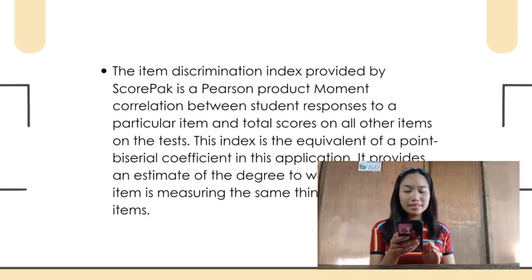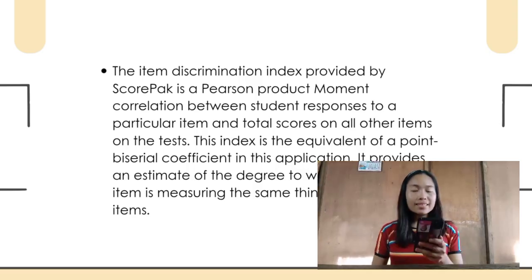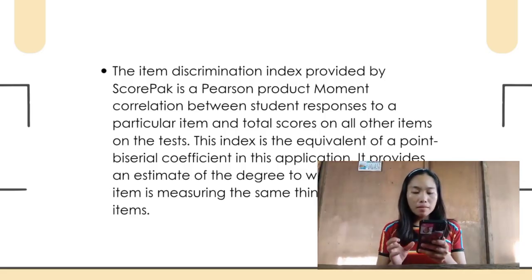So the item discrimination index provided by the ScorePak is a Pearson product-moment correlation between students' responses to a particular item and total scores on all items on the test. This index is the equivalent of a point biserial coefficient in these applications.